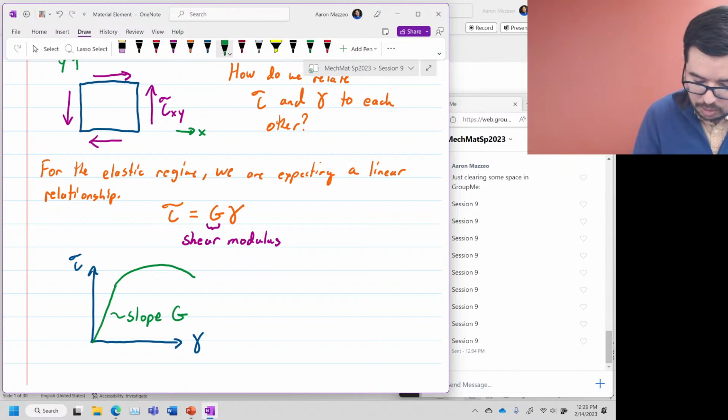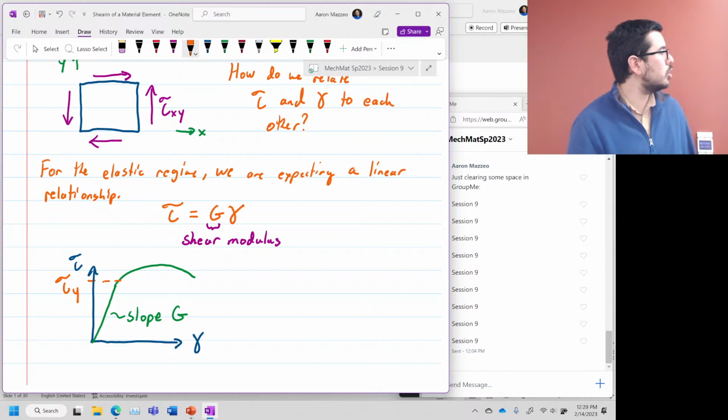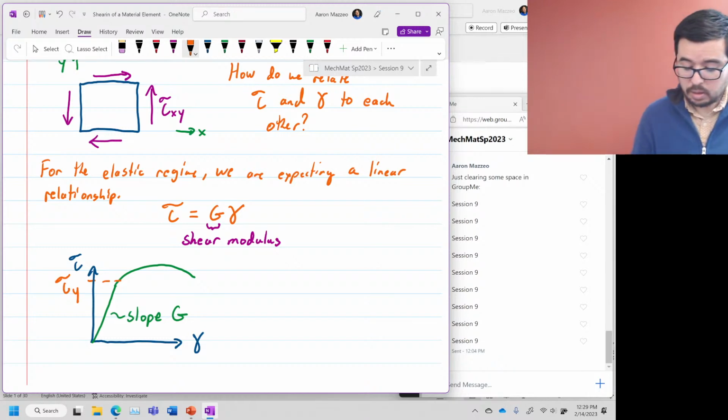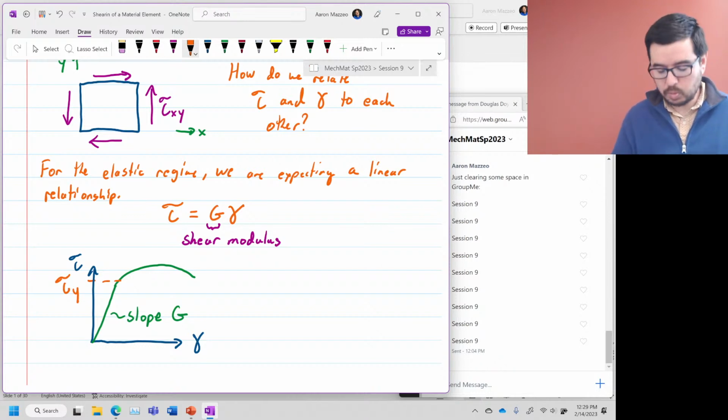We can also have, that's not great, but you can also have a shear strength, as you might expect, and you could also have an ultimate shear strength as well.